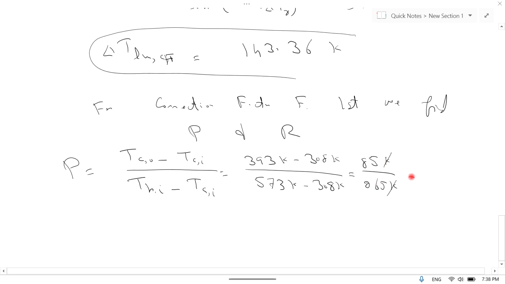Kelvin will be cancelled with Kelvin. So 85 by 265 is equal to 0.32.